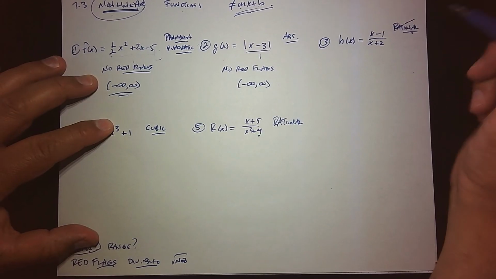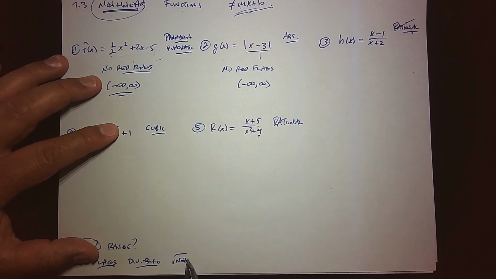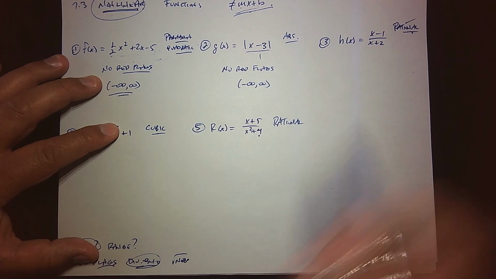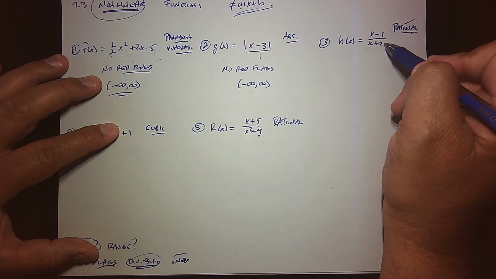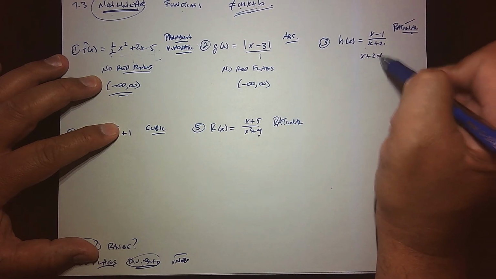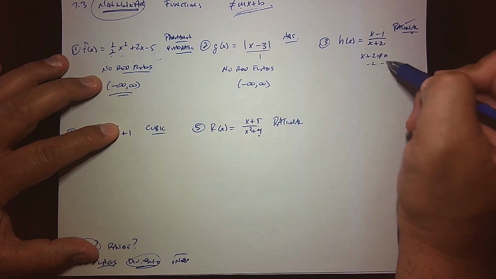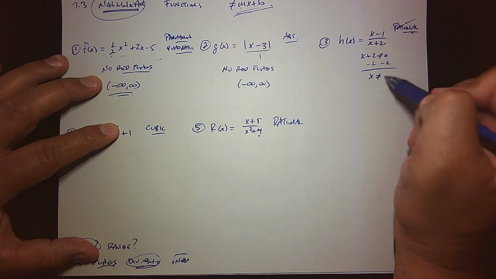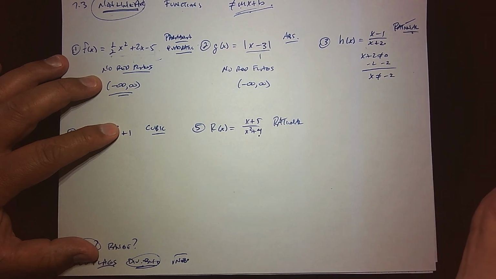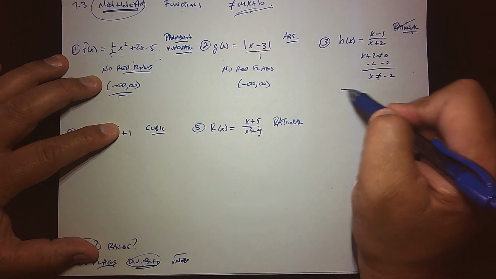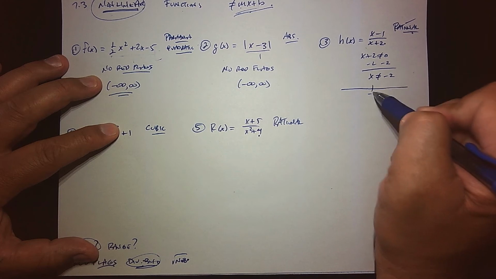Looking at our next rational function, there's no radical, there's no square roots, so we don't have to worry about that problem, but our denominator has x plus 2 in it. So we definitely have to worry, I don't want that denominator to equal 0. And so x cannot be equal to negative 2. So how do we define the domain? Well, maybe drawing a picture, right?